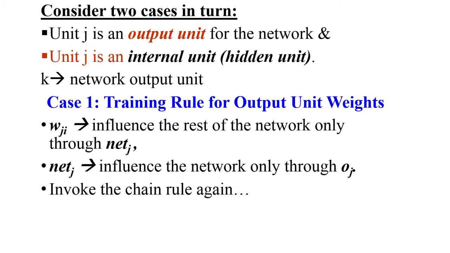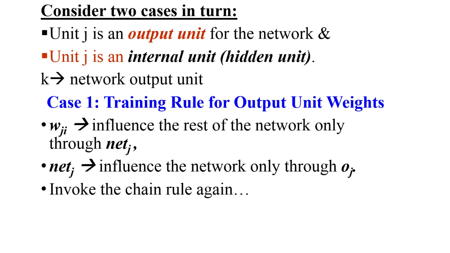Consider the first case, the training rule for output unit weights. Weight w_ji can influence the rest of the network only through net_j, that is, the weight will influence the rest of the network through the net input.